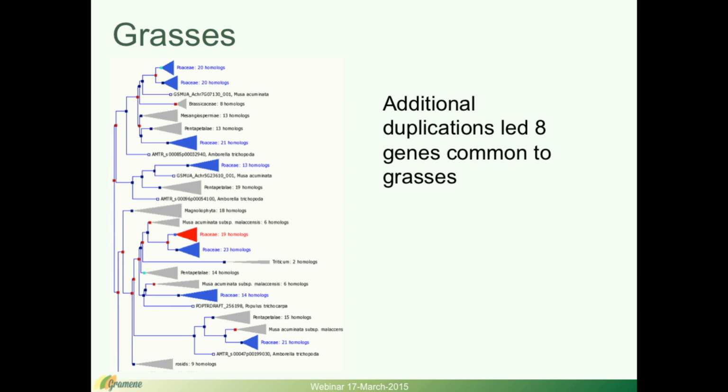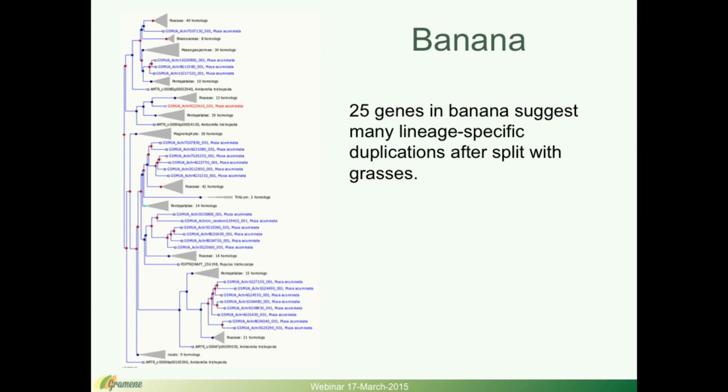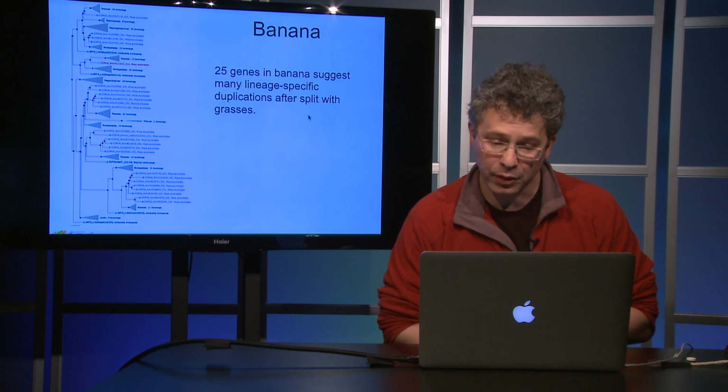One thing that I found really fascinating when looking at this is if you look at banana, so here just the banana genes are being displayed. There are actually 25 genes in banana, and those are shown in blue. So banana is a monocot, but it's not a grass.